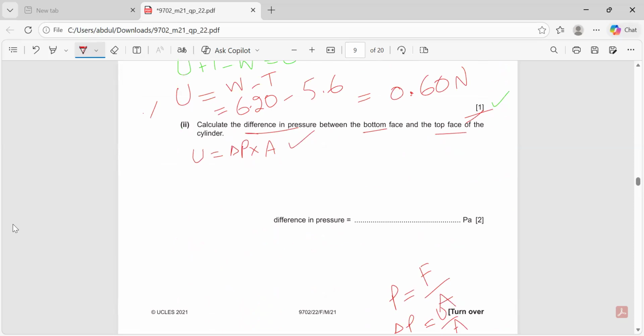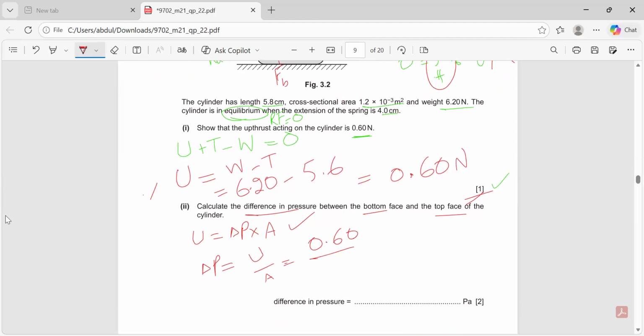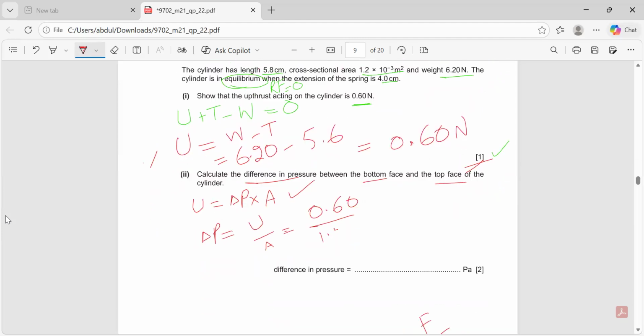Now I will place the values here. We need to calculate delta P, the difference in pressure, which will be equal to U over A. U is 0.60, and the area was given as 1.2 times 10 raised to the power minus 3.